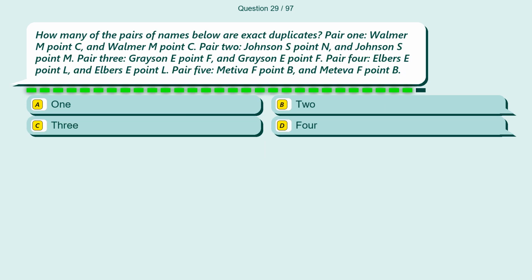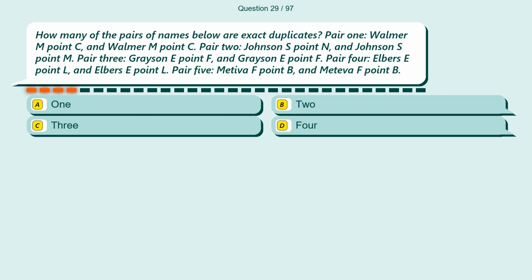Question 29. How many of the pairs of names below are exact duplicates? Pair 1, Walmer M.C. and Walmer M.C. Pair 2, Johnson S.N. and Johnson S.M. Pair 3, Grayson E.F. and Grayson E.F. Pair 4, Elbiers E.L. and Elbiers E.L. Pair 5, Mativa F.B. and Mitava F.B. Option A, 1.